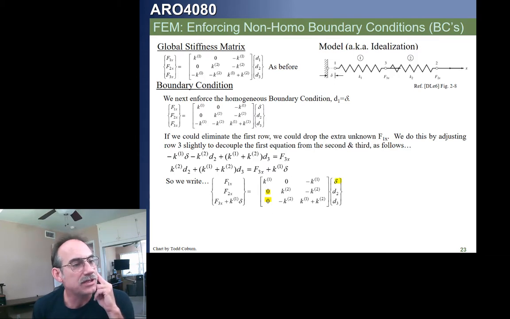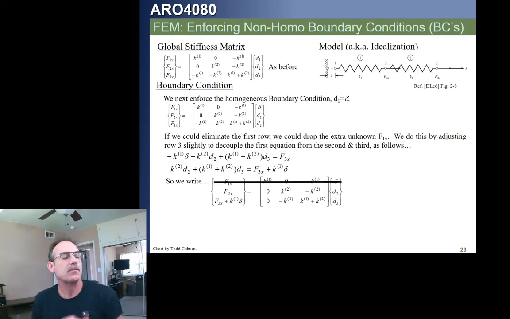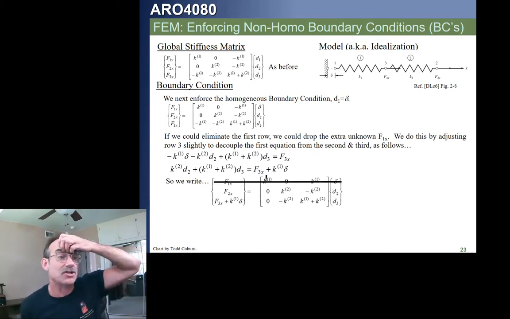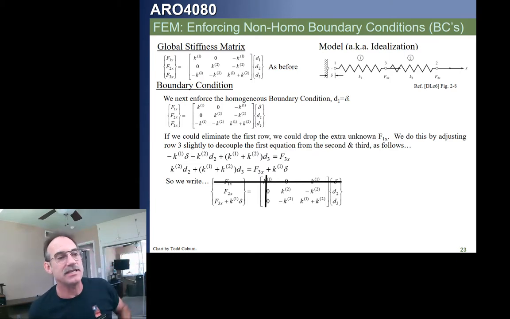Therefore, we can just focus on this stiffness matrix down here. Okay? That is our reduced stiffness matrix, and here's how it works. We can now eliminate that first row, not because it was equal to 0, but because it's now decoupled from the other two equations. And we can solve our reduced system of equations like this.